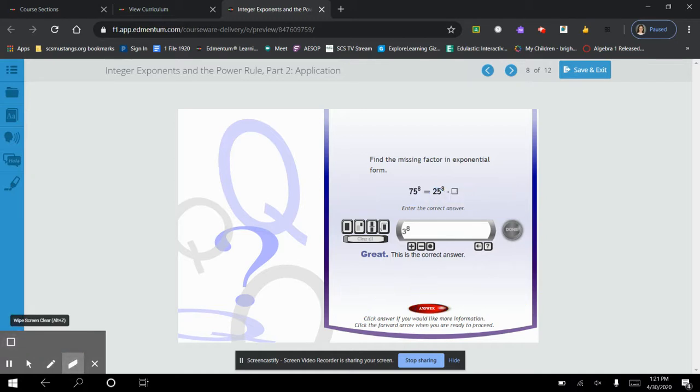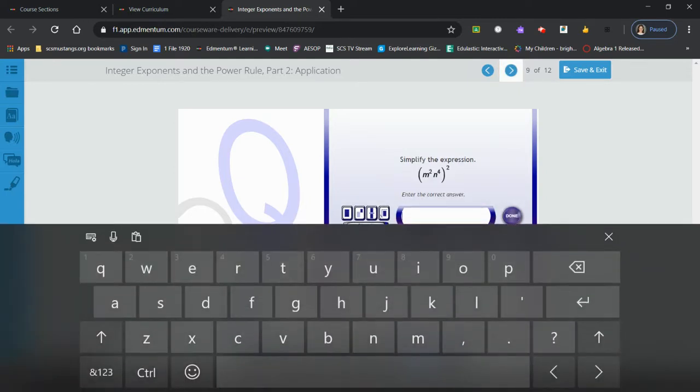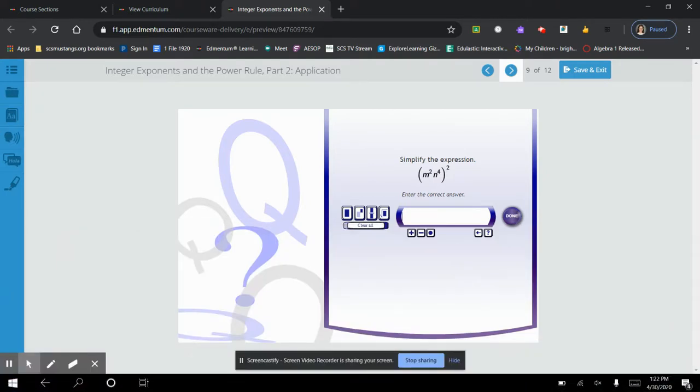All right, looking at the next one. Simplify the expression, enter the correct answer. This is a distribute that exponent to the other exponents that are on the inside. So I've got m squared times n to the 4th, to the second exponent.